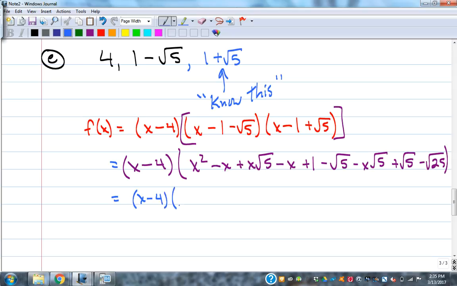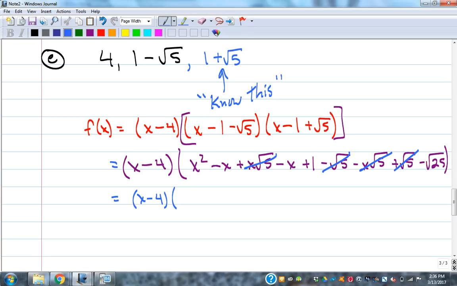Now, everywhere you see a radical, it should go away. Okay, if you did it correctly, it should go away. So here I have a positive x radical 5. Right here I have a negative x radical 5. They cancel each other out. Right here, I have a negative radical 5. Here, I have a positive radical 5. They cancel each other out. What's the square root of 25? 5. So that radical is going to go away too.